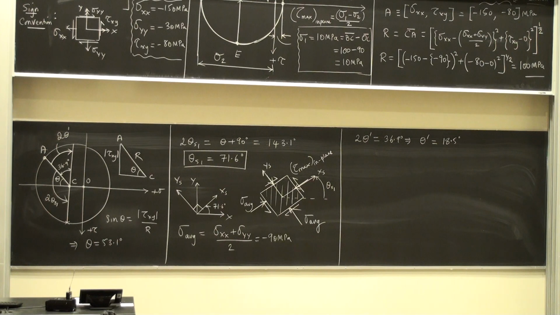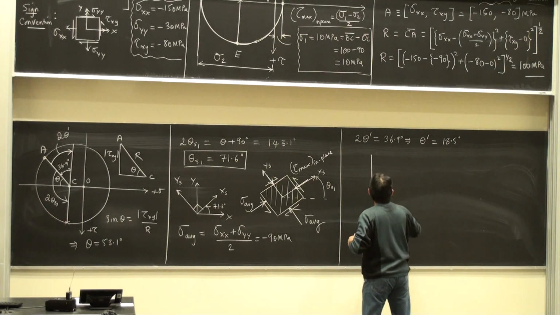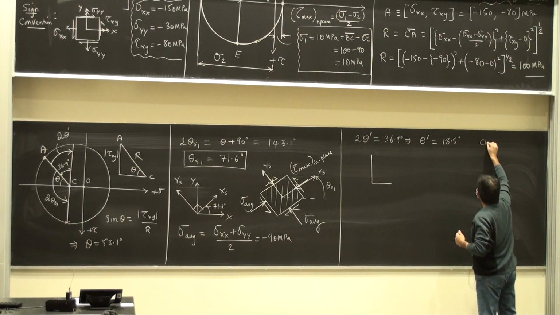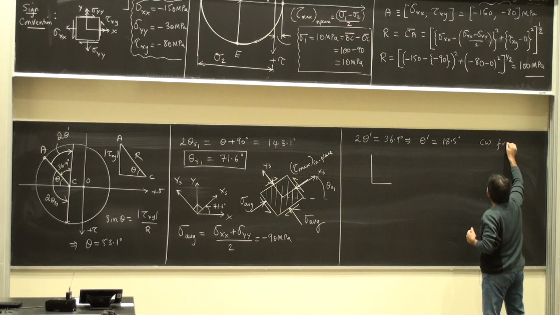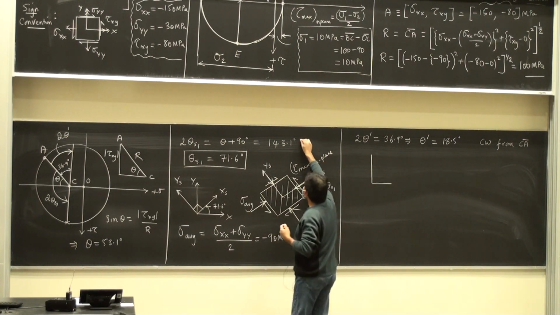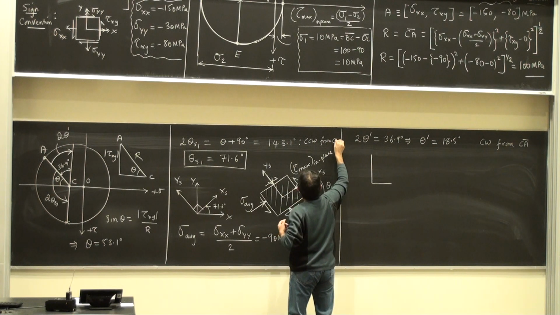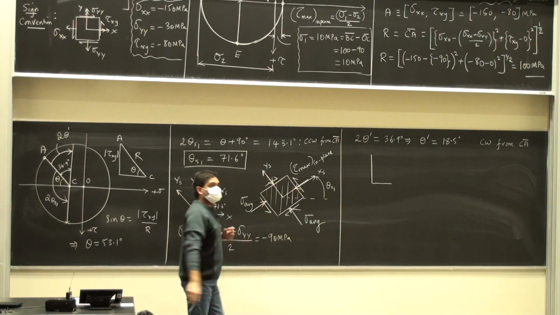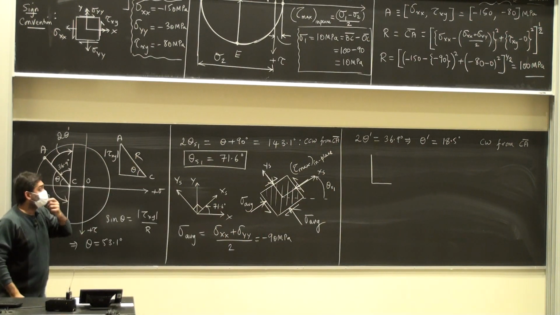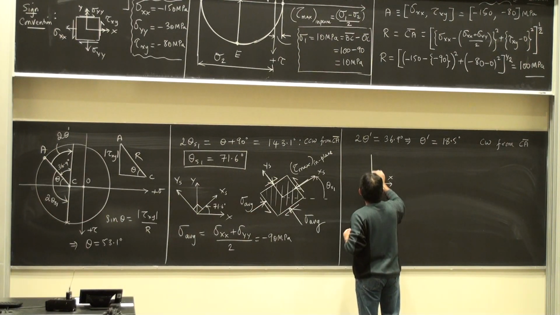I mark my positive x and y directions, and this is clockwise. This is important. This is counterclockwise from CA. Please notice that this is counterclockwise, that is clockwise. I mark my x and y directions.